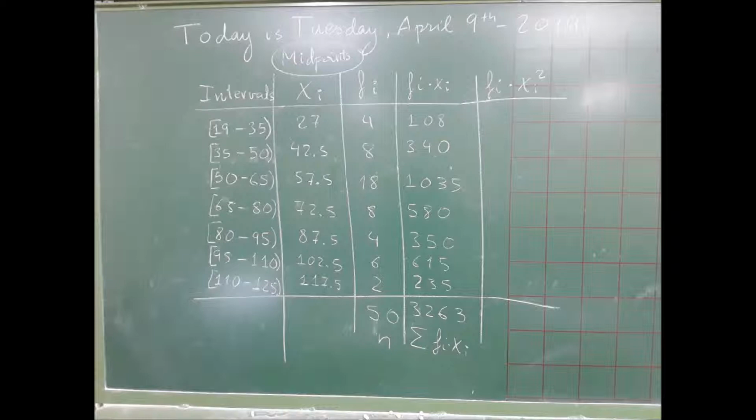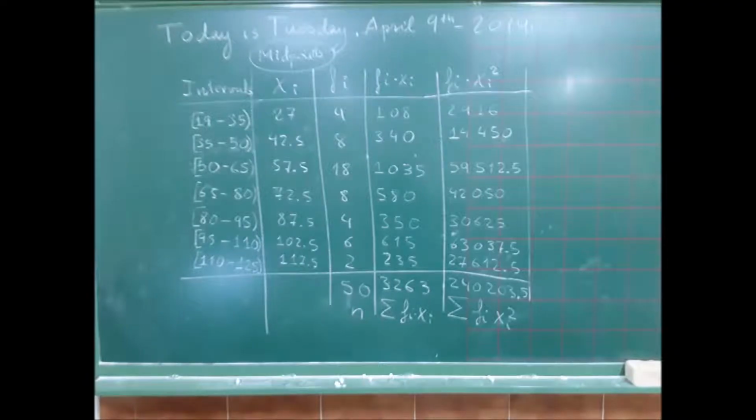And now we are going to create a new column by multiplying the midpoints by the last column. So we will call this new column fi times xi squared. So we multiply 27 times 108, that would be 2916, 42.5 times 340, that would be 14,450, and so on.